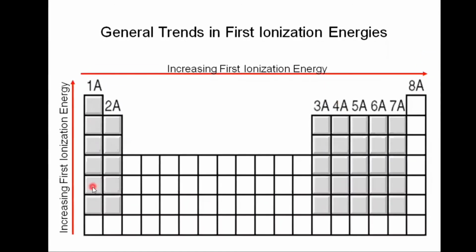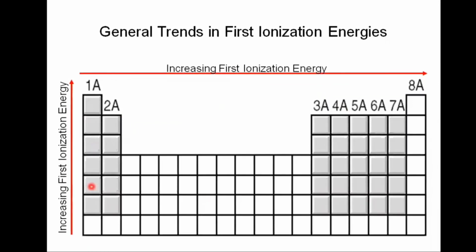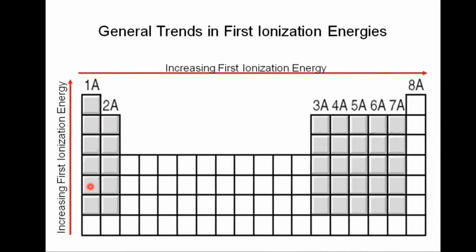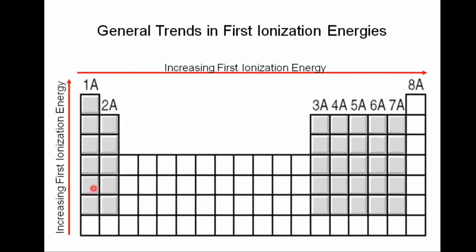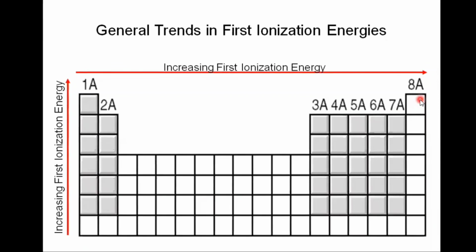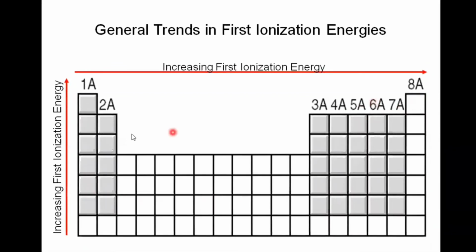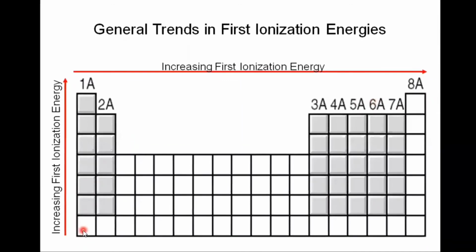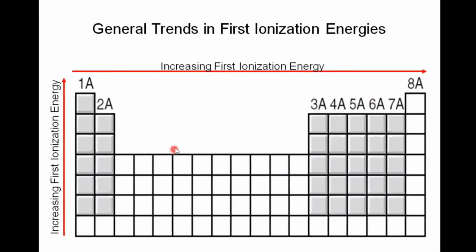While down the group, the value decreases as the shells increase and the pull of the nucleus on the electron becomes less and less. So it is easy to remove an electron down the group. So the highest ionization energies are from the noble gas elements, and the lowest ionization energies are from the 1A group, that is downward, like cesium and francium type elements.